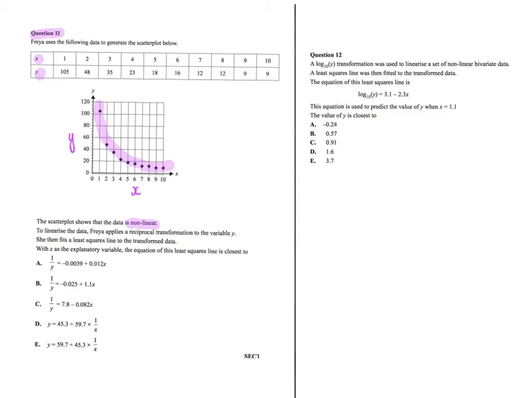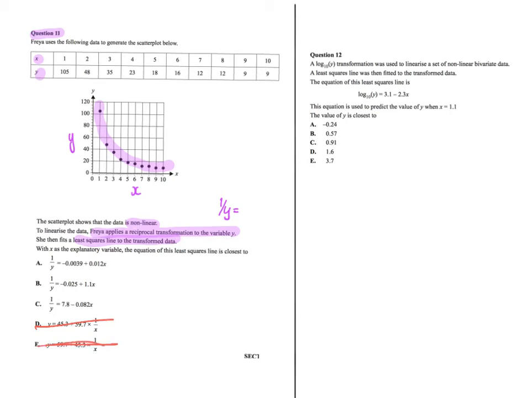So Freya applies a reciprocal of y. That means she's going to create a list of 1 over y. So when you have to find the least squares regression line, you know it's got to be 1 over y equals. So I would eliminate these bottom two options straight away because it's not what it is.